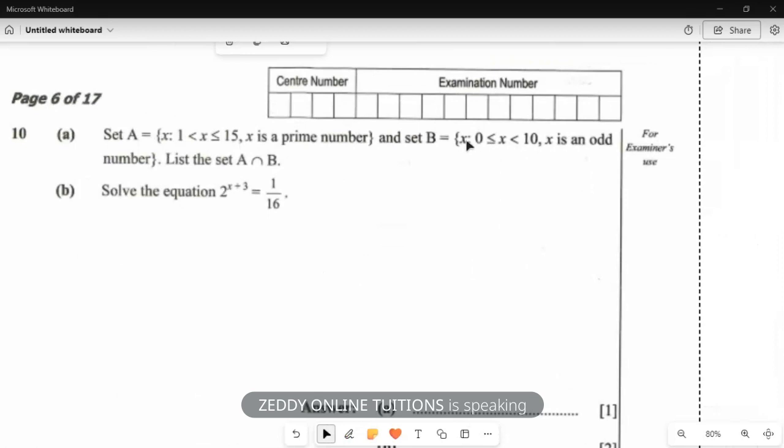They are telling us 0 is less than or equal to x, and x is less than 10, right?